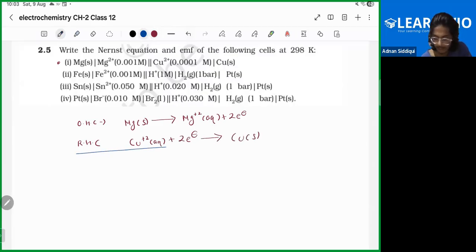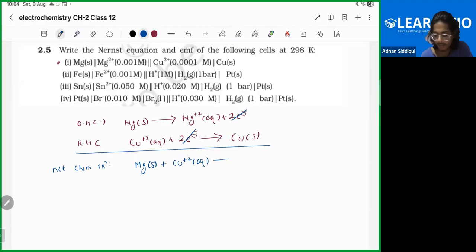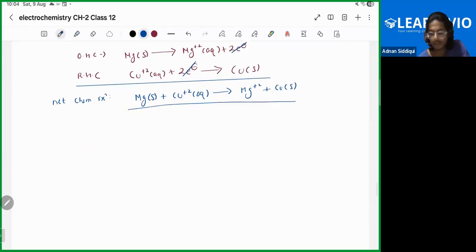So the net chemical reaction: the electrons are going to get cancelled out. Mg solid plus Cu2+ aqueous gives Mg2+ plus copper solid. This is a balanced chemical equation. You have to now apply the Nernst equation. What does the Nernst equation say?